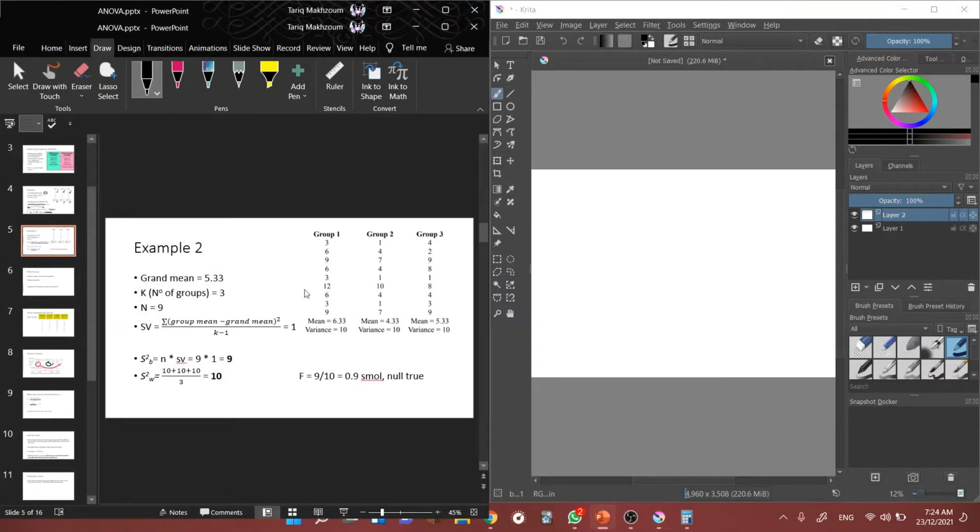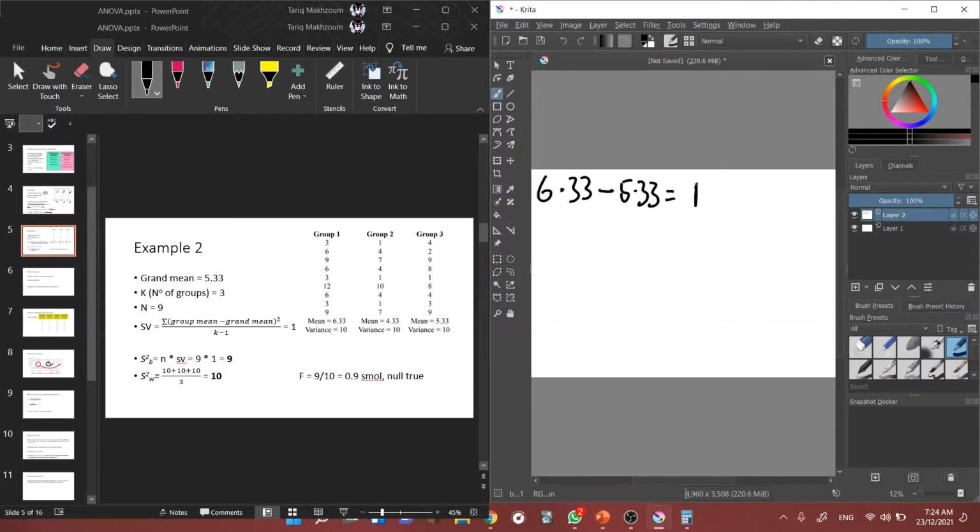Okay? So for our first group, that's going to be 6.33 minus 5.33. So that's just going to be 1. And then 4.33 minus 5.33. That's going to be minus 1.